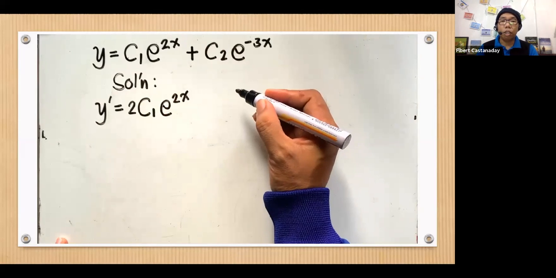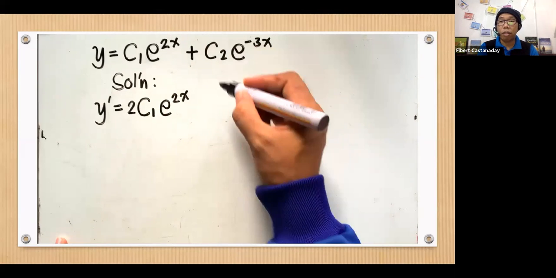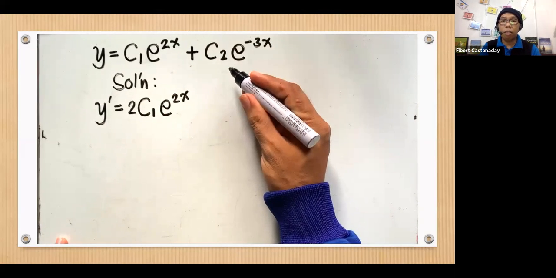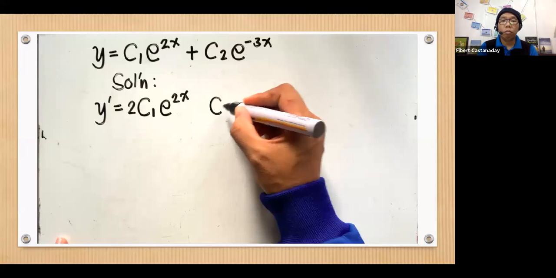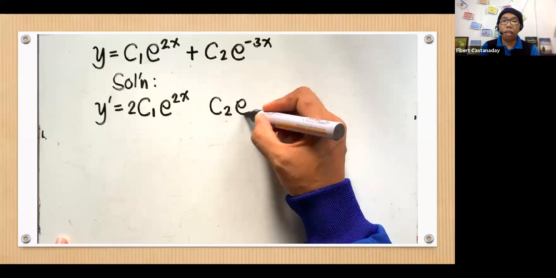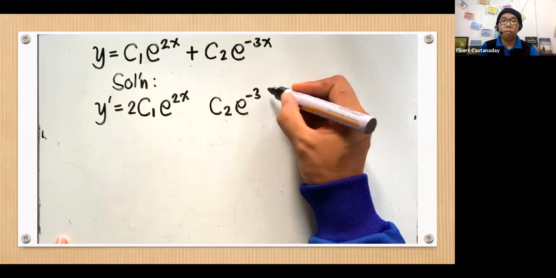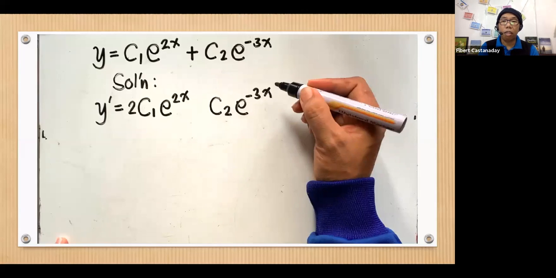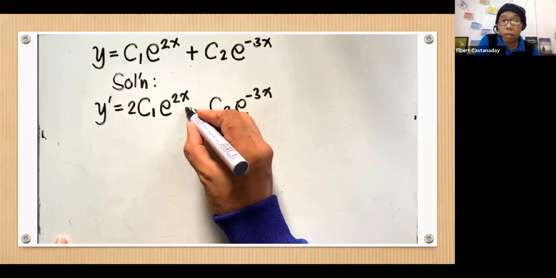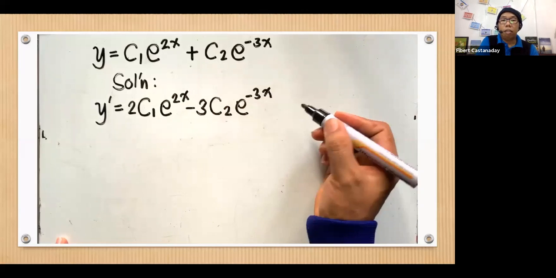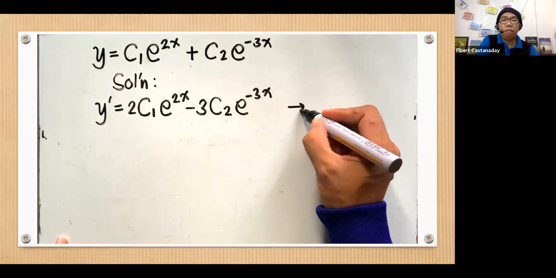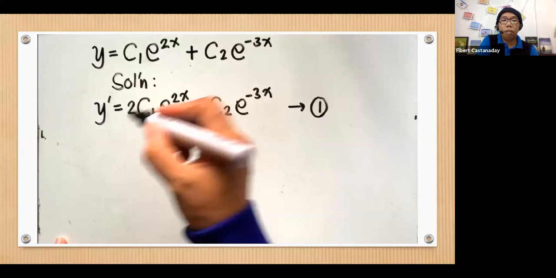Now, for the second term, we have c sub 2 e raised to minus 3x, so you copy c sub 2, and then differentiate e raised to negative 3x. So you copy that and then differentiate minus 3x, which is negative 3. So you have your first equation.